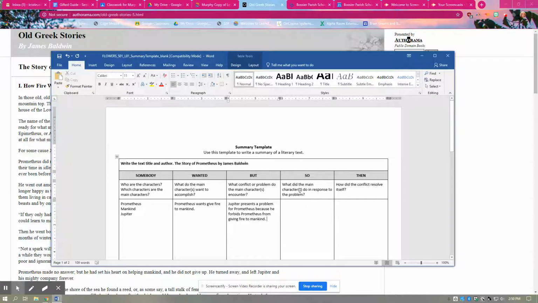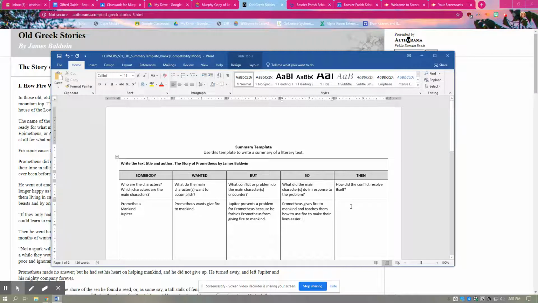What did the main character do in response to this problem? Well, Prometheus gives fire to mankind and teaches them how to use fire to make their lives easier. And how does the conflict resolve itself?